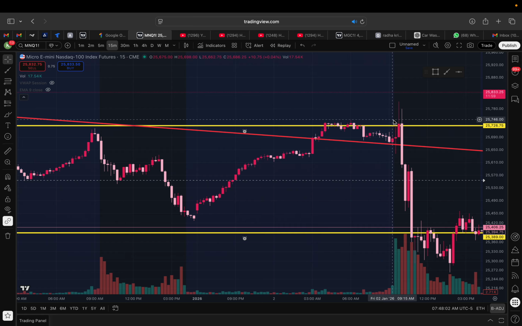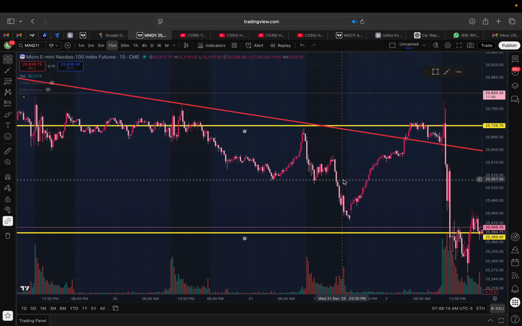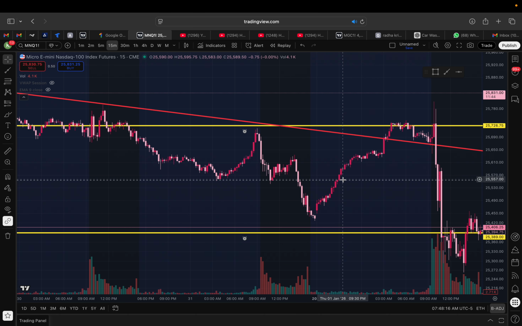Okay, so even though it resulted in a profit, this is not the trade setup I usually take. When I take a trade, I need two things. One, any trend line is broken, and second, my three candle rule.